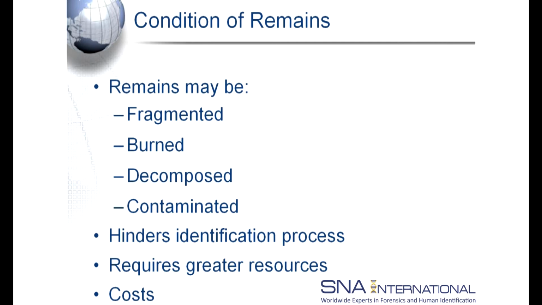Contaminated remains pose a huge challenge, as they will need to undergo a decontamination process prior to postmortem examination. All of these factors I've just outlined will hinder the identification process, require a greater number and type of resources, and increase the overall cost of the response.